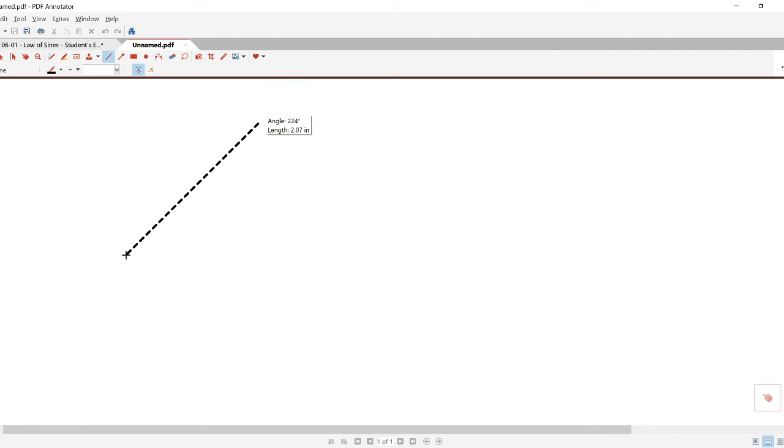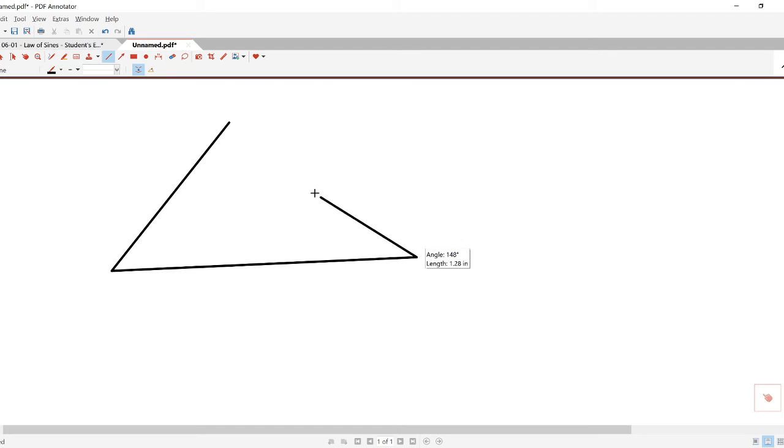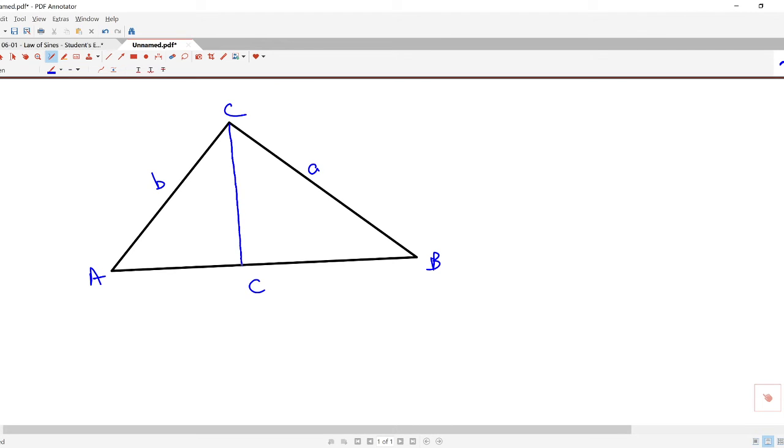let's go ahead and take a triangle here. And what we're going to do is label it: A, B, C, side A, side B, side C. And we are going to drop an altitude or a height.